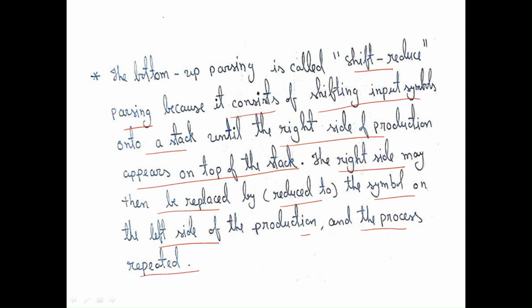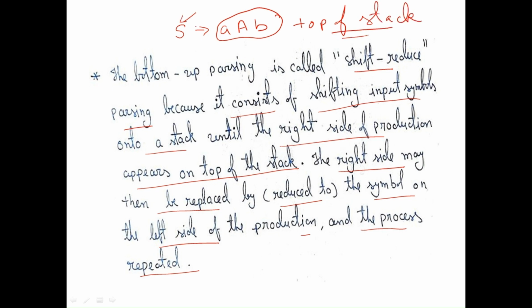For example, suppose S is rewritten as A. This right side, if it appears on the top of the stack, can be reduced by the left hand symbol, that is S. Okay.